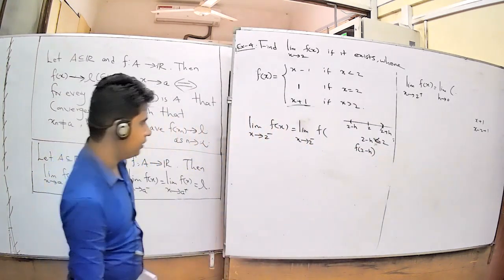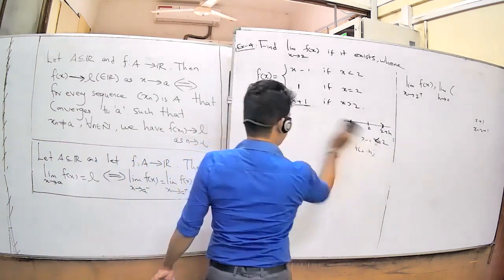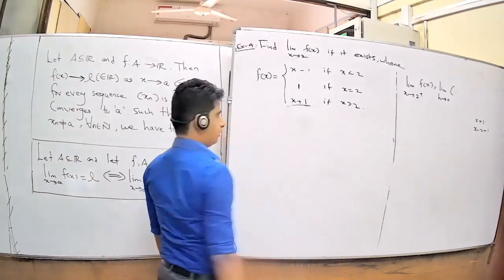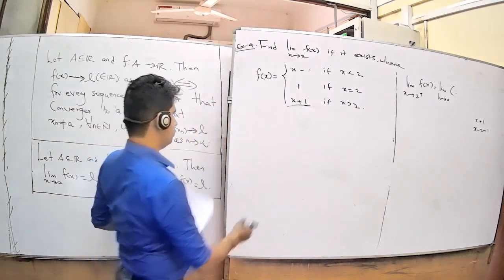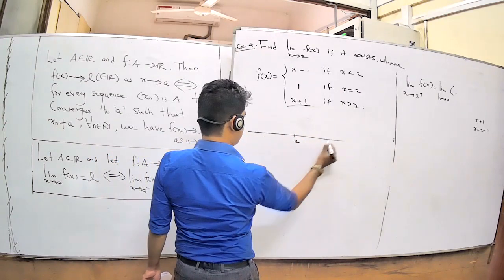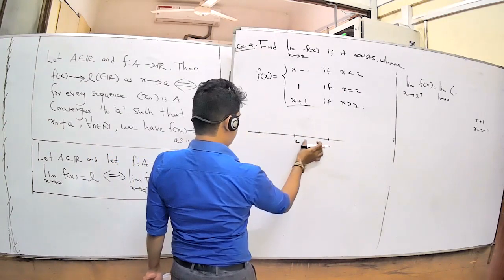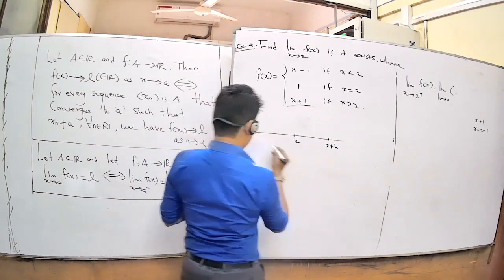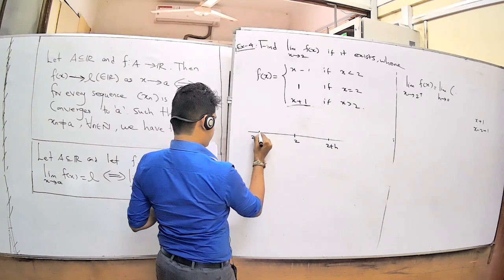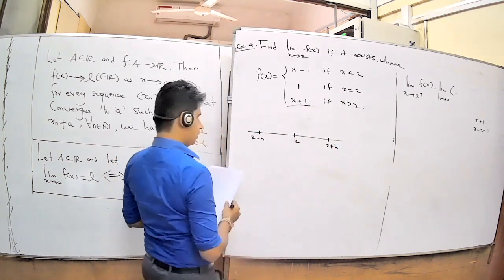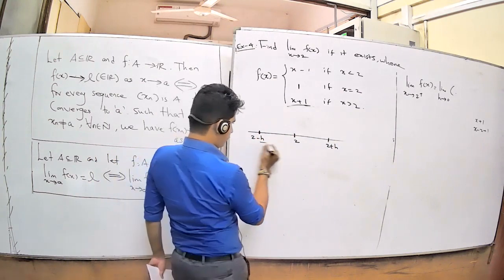First to understand this part. Suppose in this line, it's your 2, and it is some delta of h. Here 2 plus h, here 2 minus h. Suppose this limit is like this.